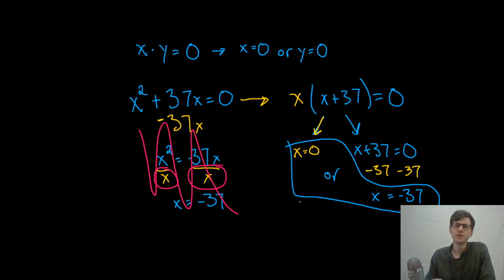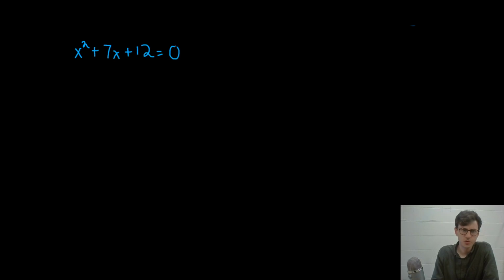Okay, let's try another example. Why not? x squared plus 7x plus 12 equals 0. This is some more traditional factoring.